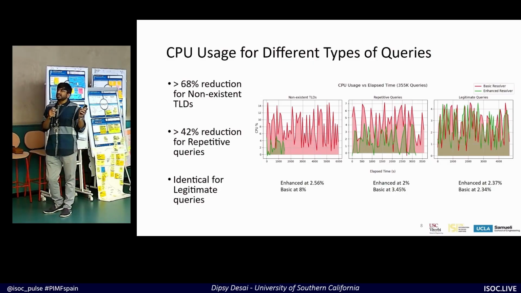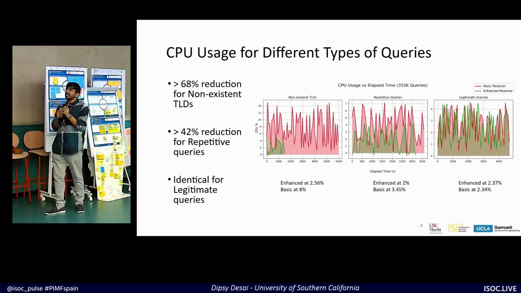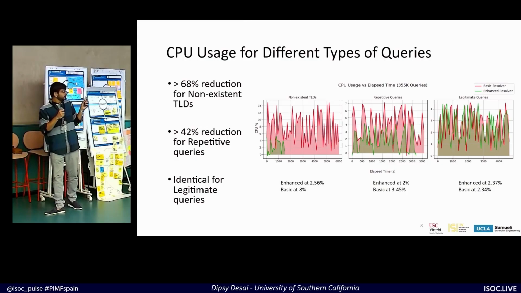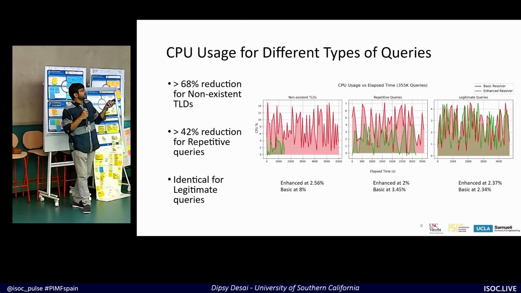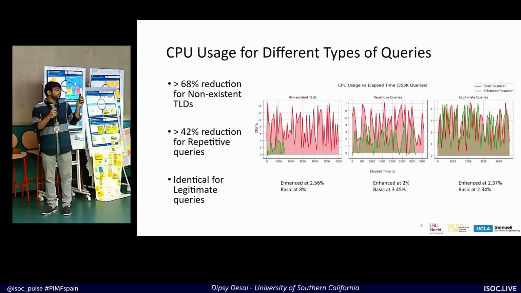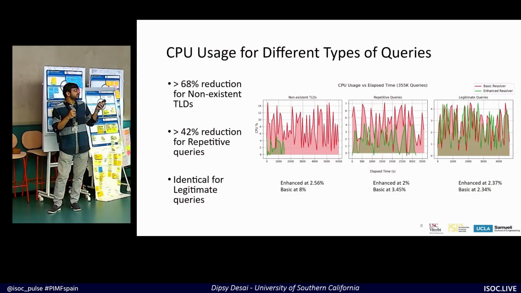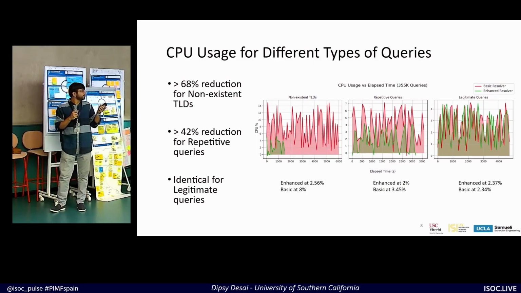The non-existing TLD case is when we fed both resolvers 355,000 queries, all of which had non-existing TLDs. We noted a 68% reduction in CPU usage. And from figure 1, sub-figure A for non-existing TLDs, we can also note that the enhanced resolver finished resolving all the queries much sooner in comparison with the baseline resolver.